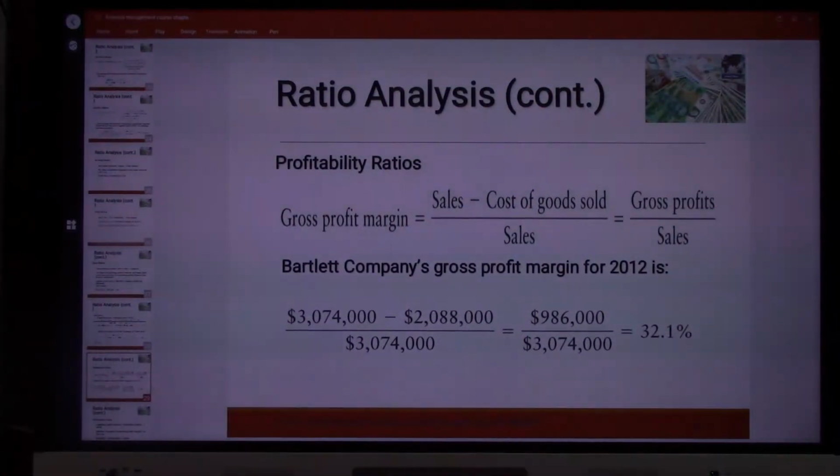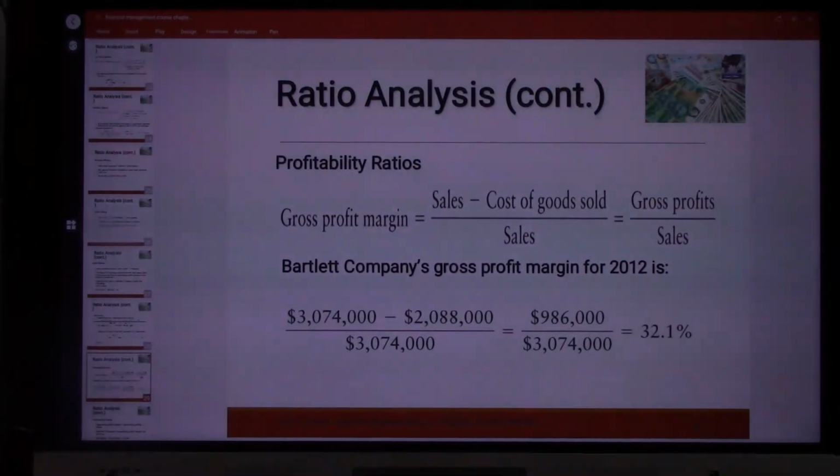Another fourth dimension regarding assessing the financial performance is called profitability ratio. And as you see, profitability ratio could be assessed by different sub-ratios. The first one is gross profit margin, which is equal to sales minus cost of goods sold divided by sales.